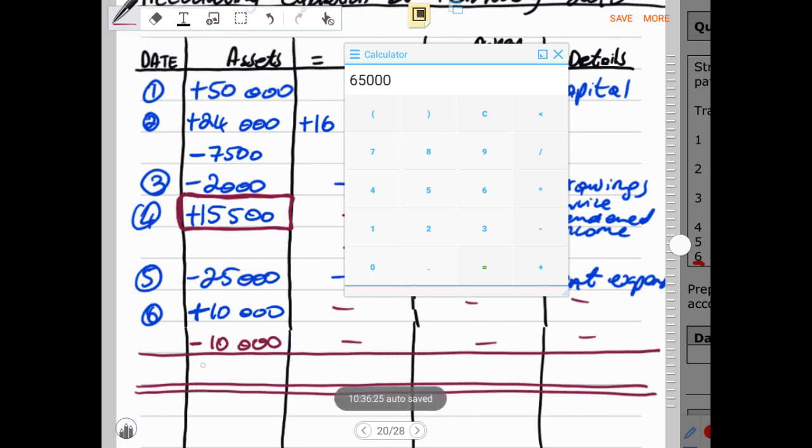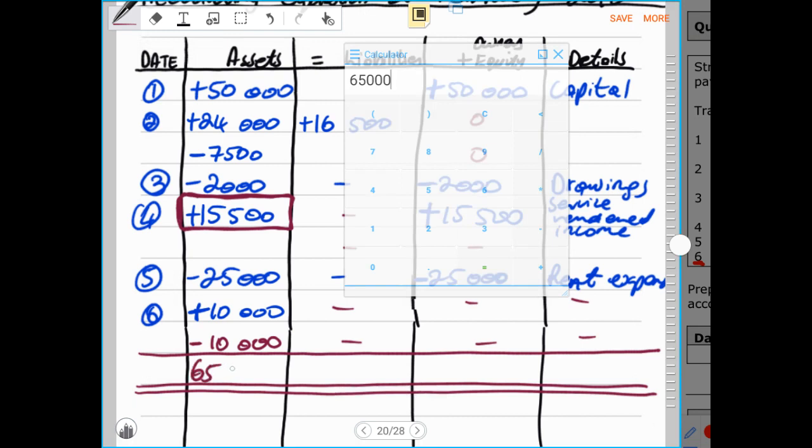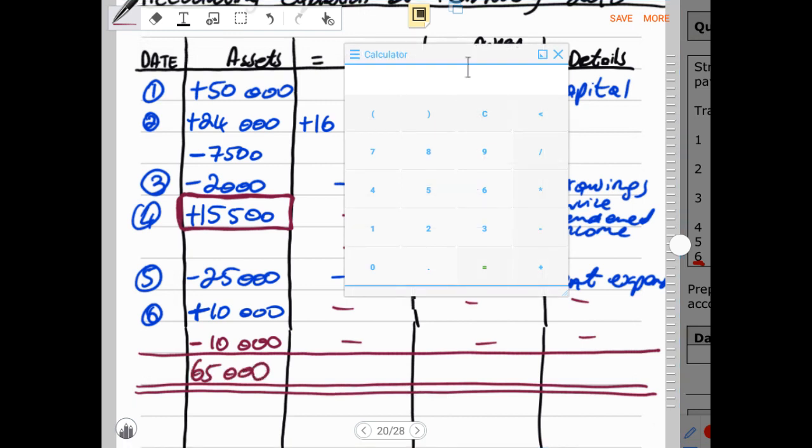This will give us a total of 65,000 rands, which is the value of the assets.